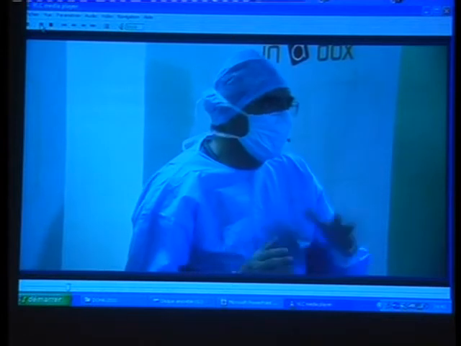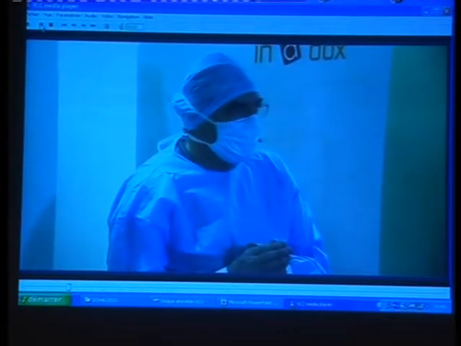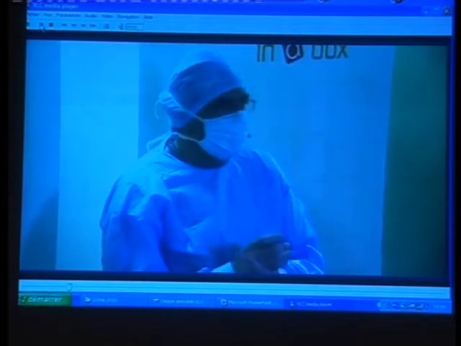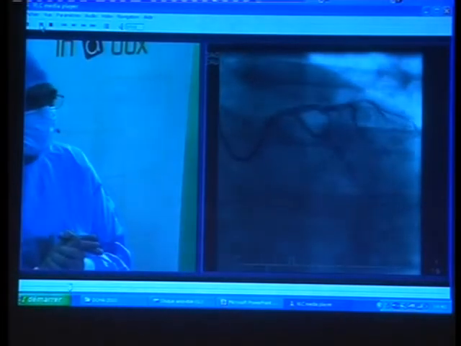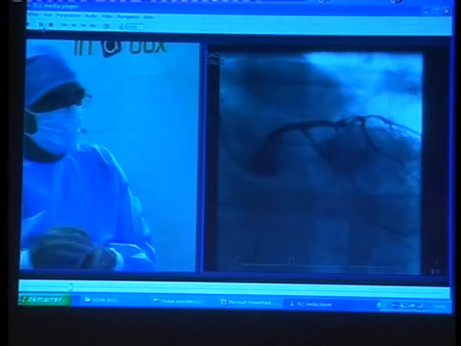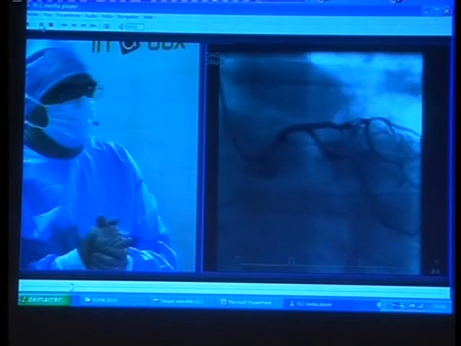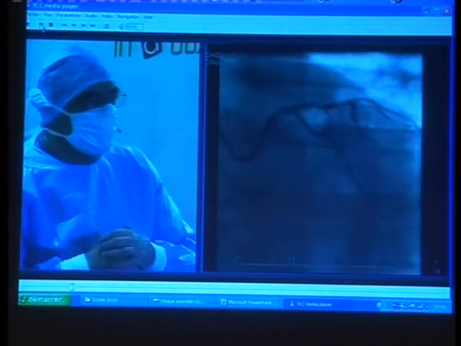On this coronary tree, we have a significant, but it looks moderate angiographically, lesion on the circumflex artery and the OM branch, and a critical lesion of the LAD involving the diagonal branch.